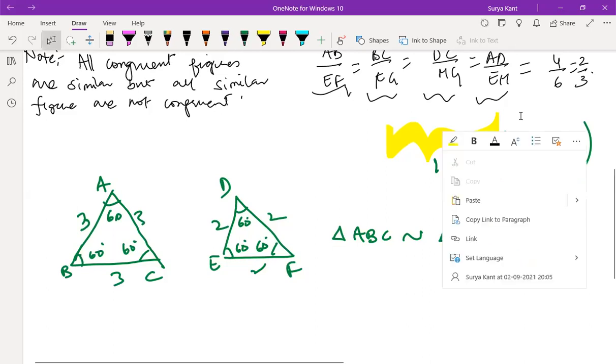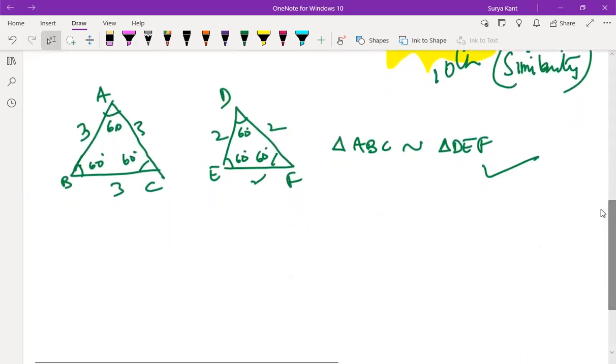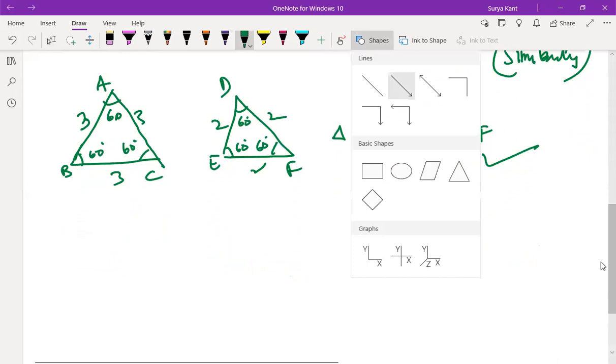Now I'm giving another figure to you. Now I'll give another figure, a right angle triangle.